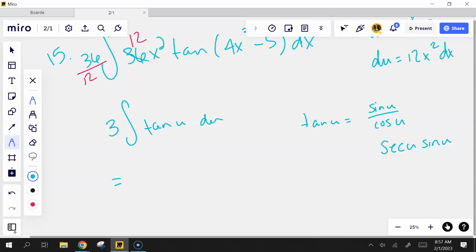I'm not gonna lie. I don't see how to do this without integration by parts. We're not doing integration by parts. 16, 17 were the same way.